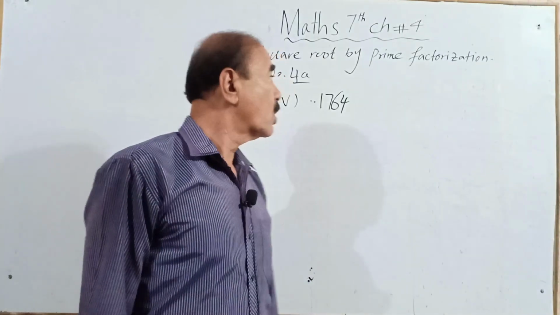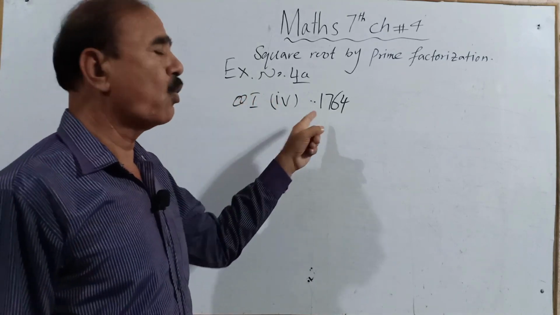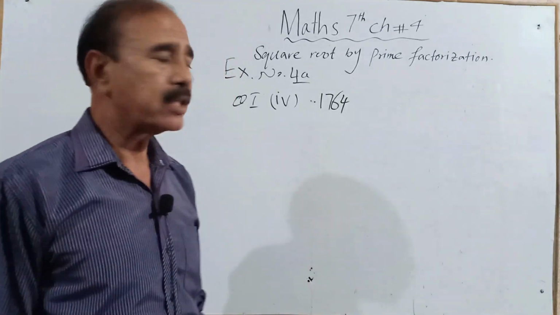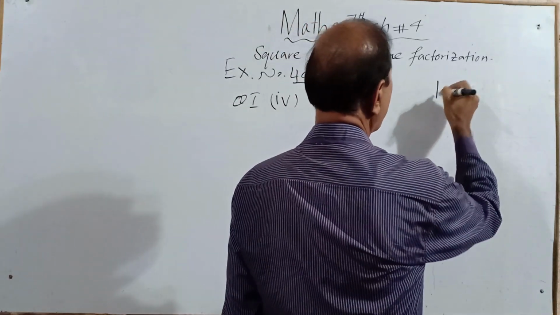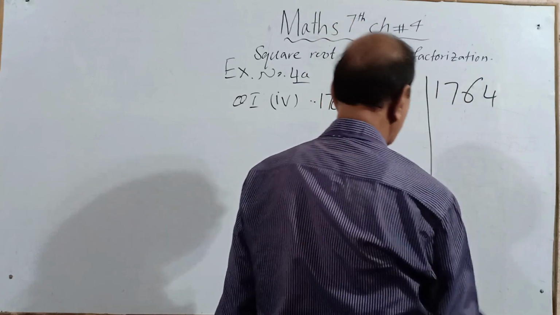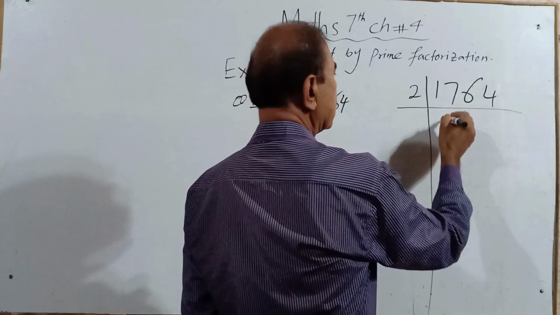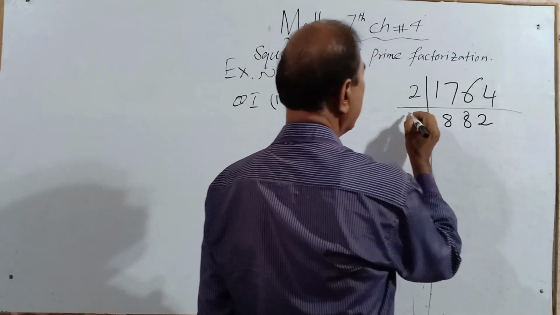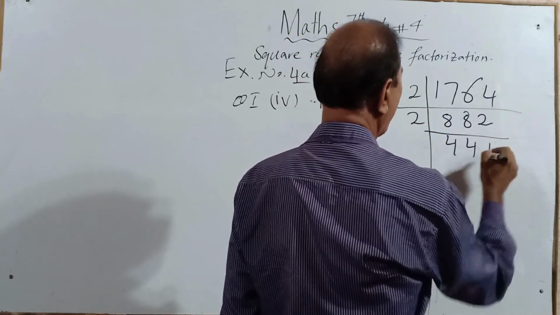Now students, we have question number 1, part number 4, the same pattern as we solved part number 2. First of all, we find its prime factors. Then you divide by 2, 882, then again divided by 2, 441.